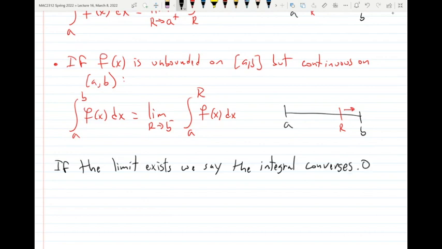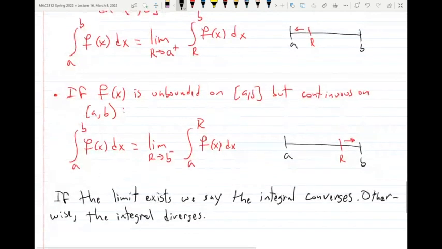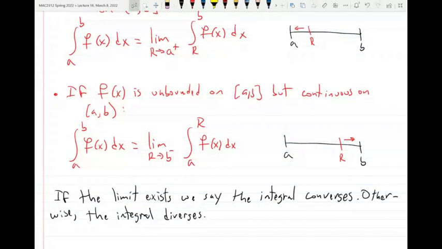And otherwise, the integral diverges. And moreover, if it converges, the integral will equal the value of the limit. Okay, so I just wanted to rewrite that, but it's very similar to the one above. We okay with this? All right.